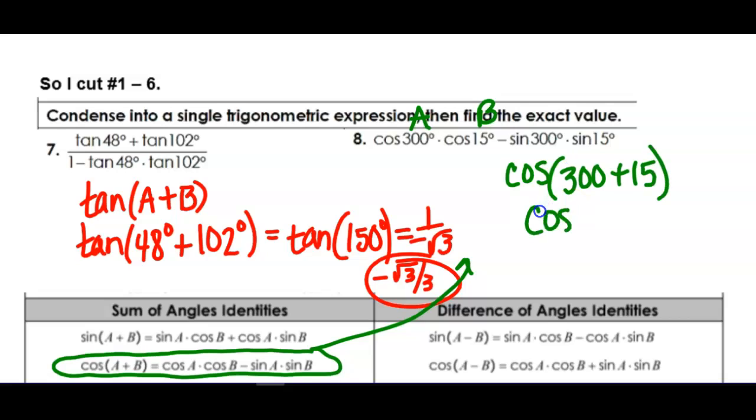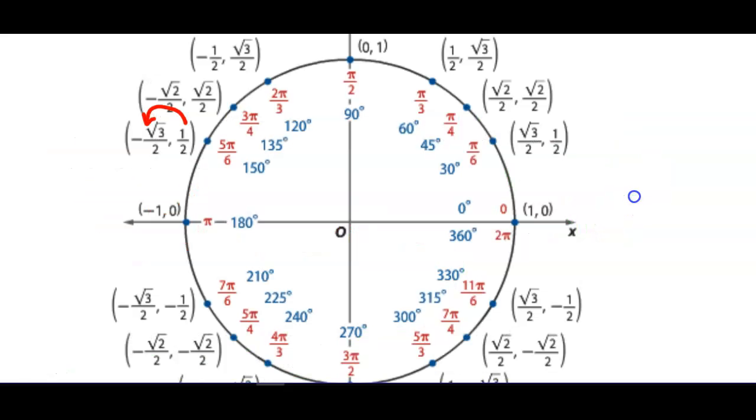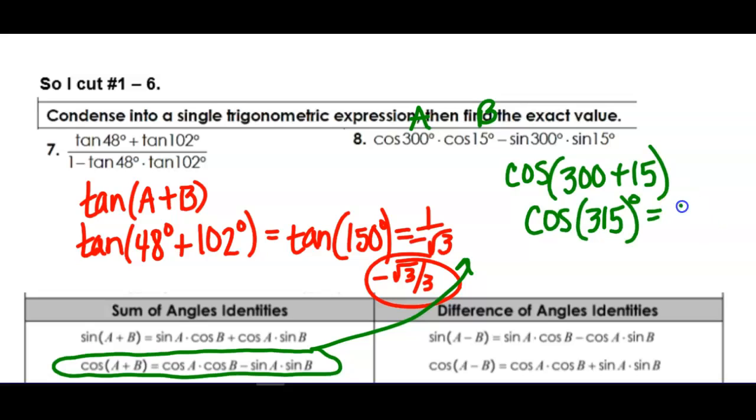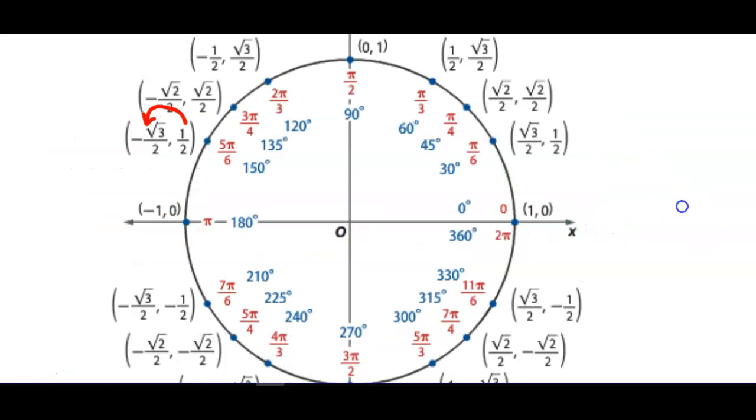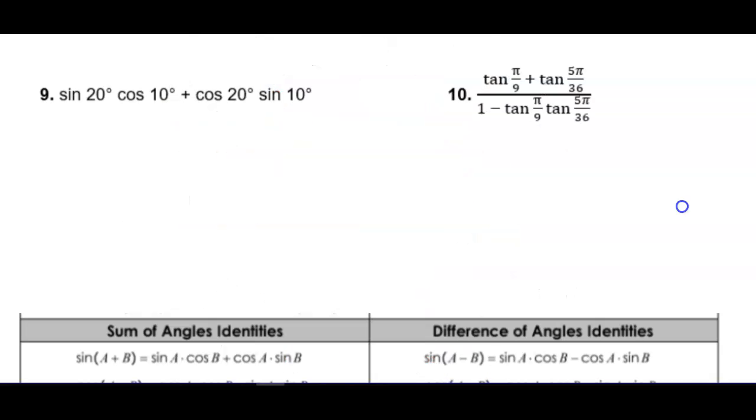So it is the cosine of 315. And if you go to your unit circle, the cosine of 315 right down here is square root of 2 over 2. Easy peasy, huh?